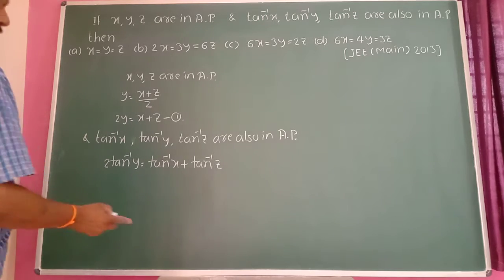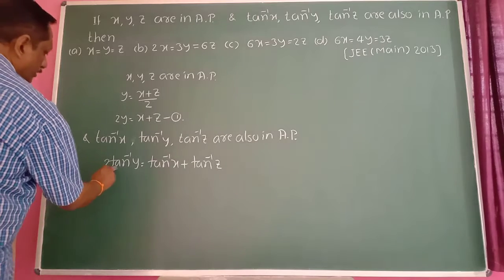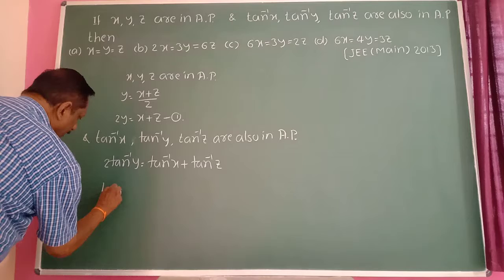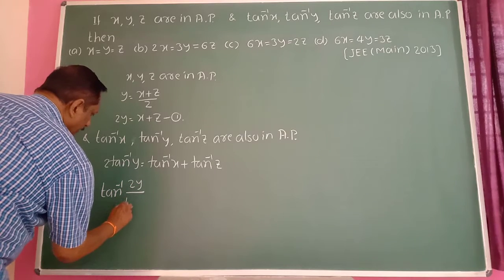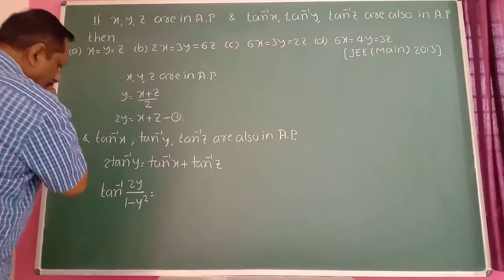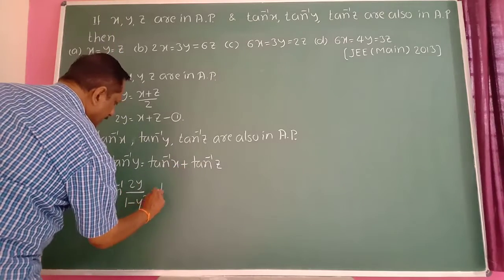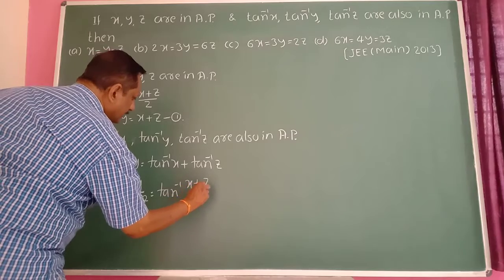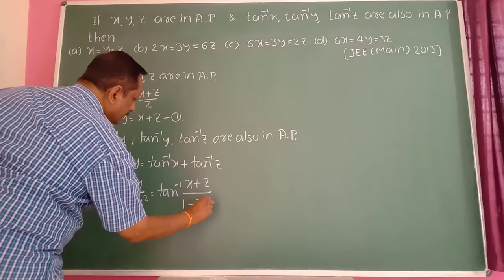Then using the inverse trigonometric formula, 2 tan inverse y is tan inverse of 2y divided by 1 minus y square, is equal to tan inverse x plus tan inverse of z, which is again by the inverse trigonometric formula, x plus z divided by 1 minus of xz.